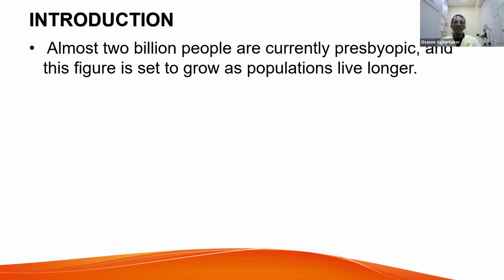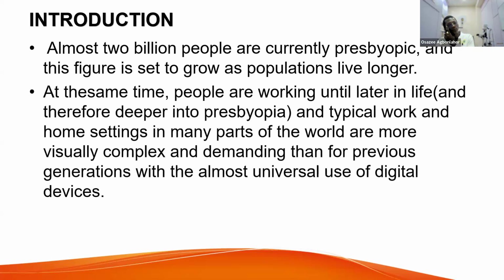So we as optometrists, our value can never go down. Globally we have about 2 billion presbyopes currently, and of course, this value will continue to increase as people live longer, as the life expectancy for man continues to grow. And at the same time, people also are working later in life.